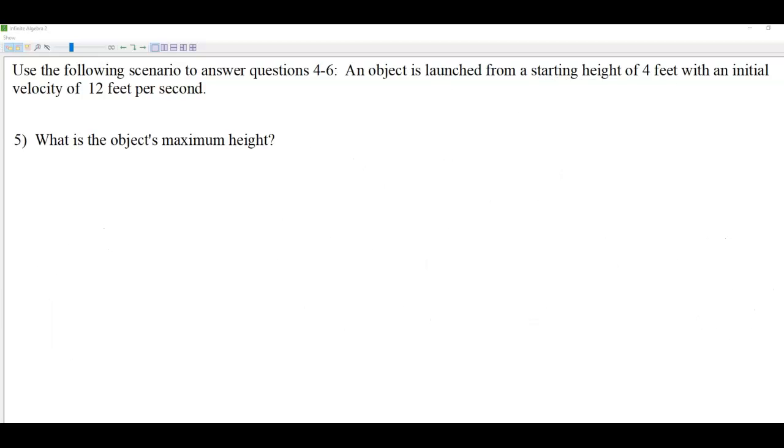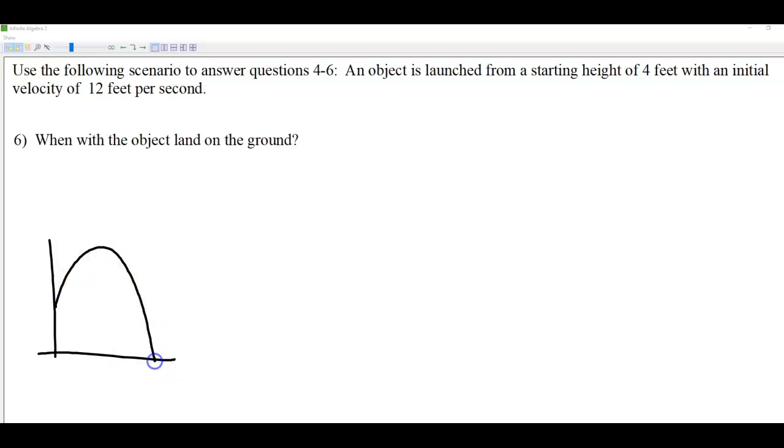Moving along to number 6. When will the object land on the ground? Well, that's the same thing as asking what the roots are. If I want to know when the object lands on the ground, that's like finding the root of a quadratic function. So the way that you find the root of a quadratic function is by using the quadratic formula.